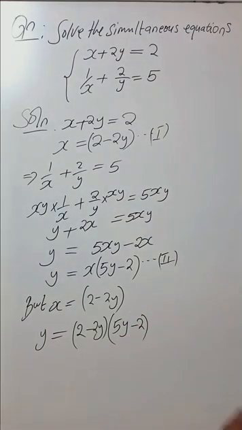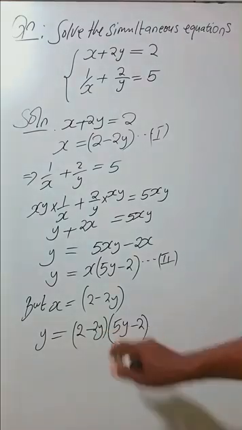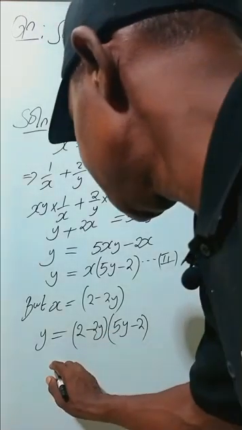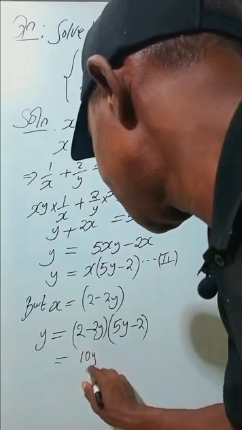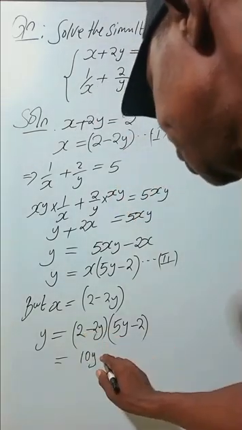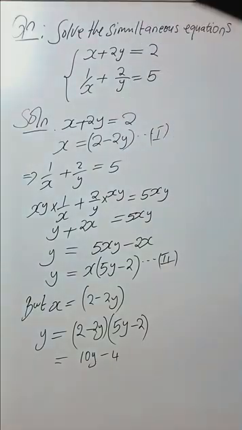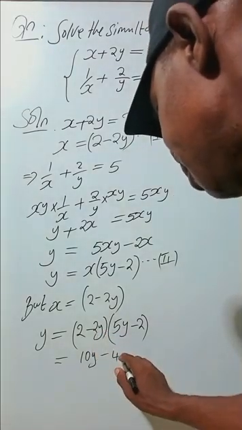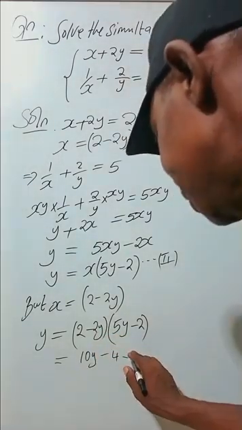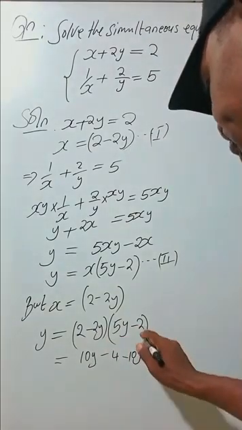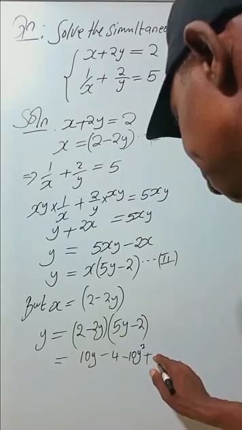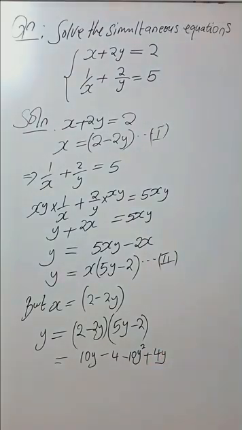From this one, you can make it easier by taking out 2, or we can simply multiply each term as it stands. And then we get our y to be equal to, this times this one, we get 10y, then 2 times negative 2 is minus 4, then 2y times 5 is minus 10y squared, and 2y times negative 2 will be plus 4y.